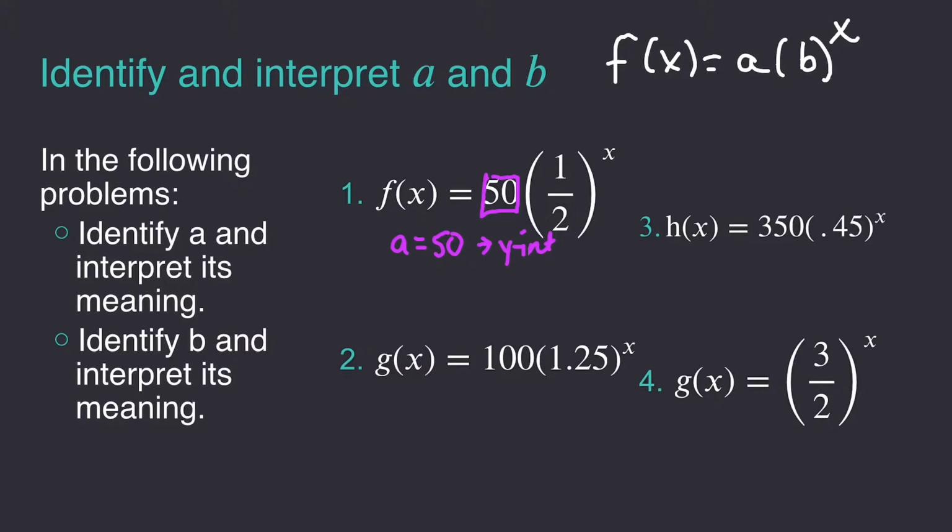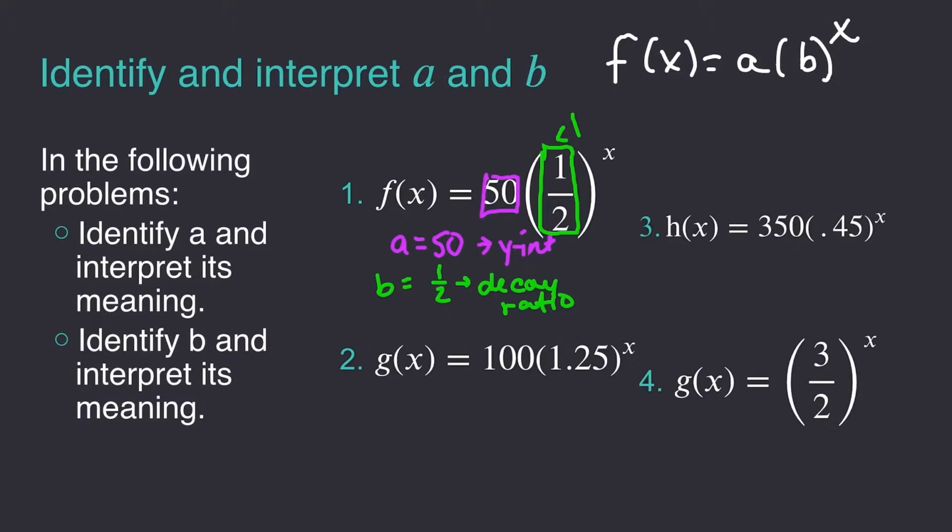Now b is always the number inside parentheses. Is b greater than 1 or between 0 and 1? Well, 1/2 is 0.5, which is bigger than 0 but less than 1. So we can say that that's less than 1. And so b, being 1/2, is our decay ratio.